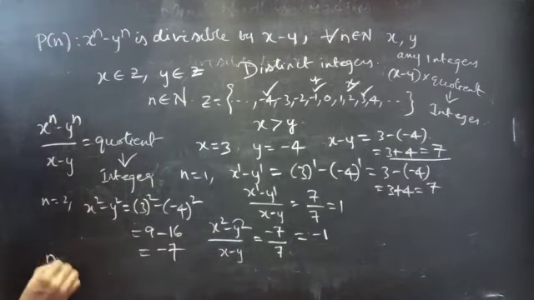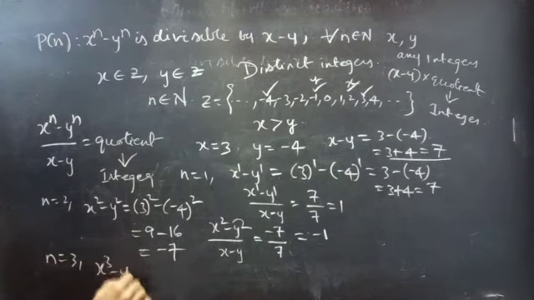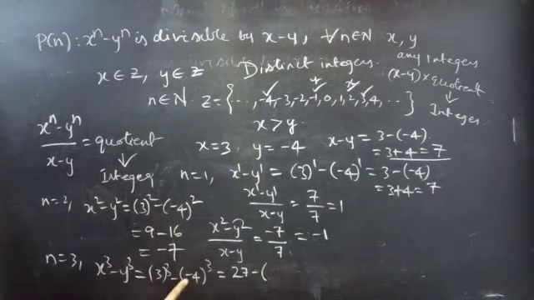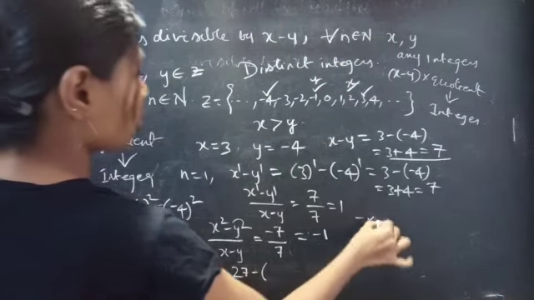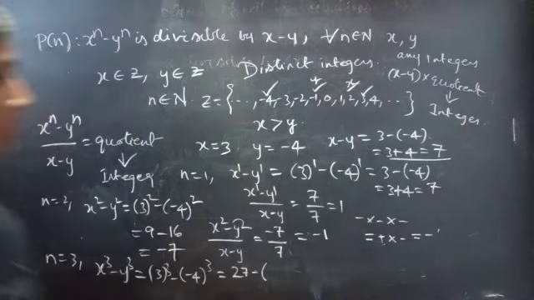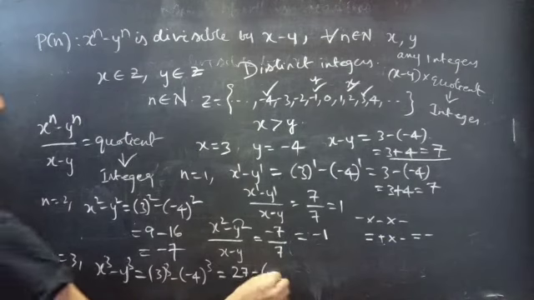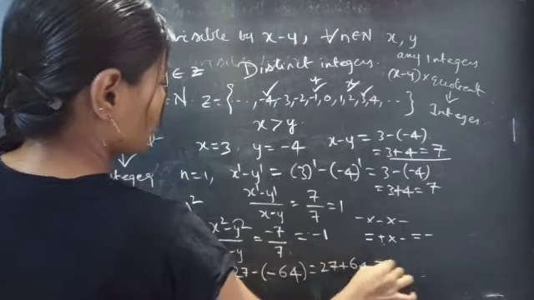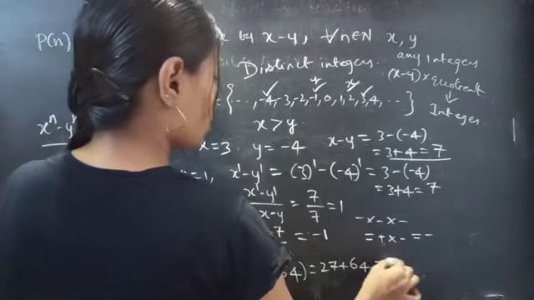Now we'll see for n equals 3. x cube minus y cube equals 3 cube minus (minus 4) cube. 3 cube is 27, minus of minus 64, minus into minus is plus, so we get 27 plus 64 equals 91.